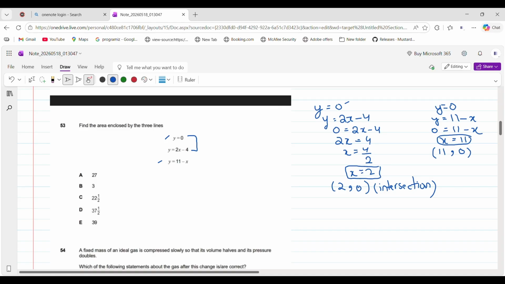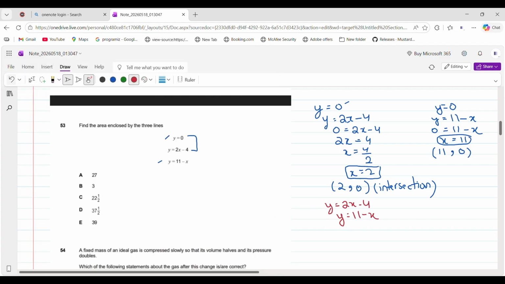Now we need our third intersection point. For that, we compare these 2 equations, because only these 2 are left to be compared: y equals 2x minus 4 and y equals 11 minus x. We can equate both equations, because both are equal to y.